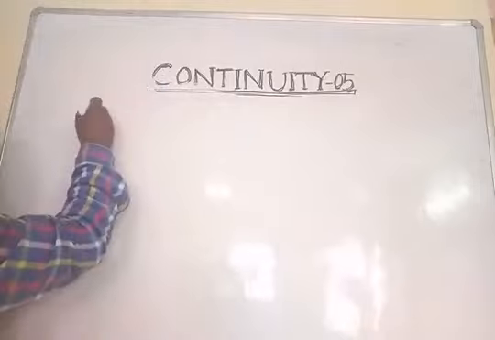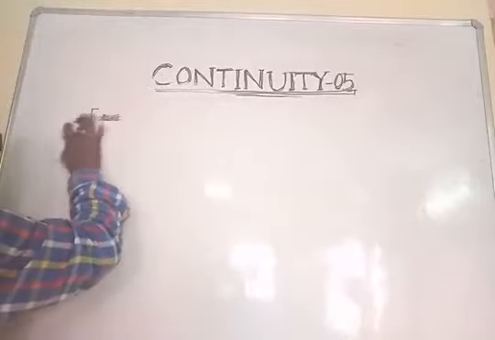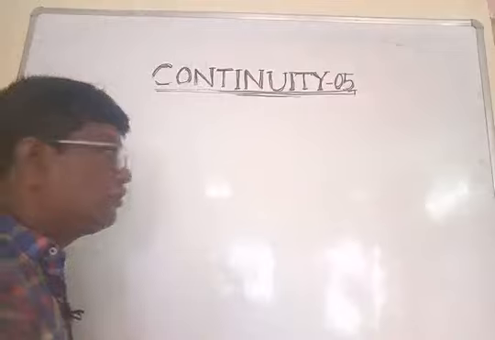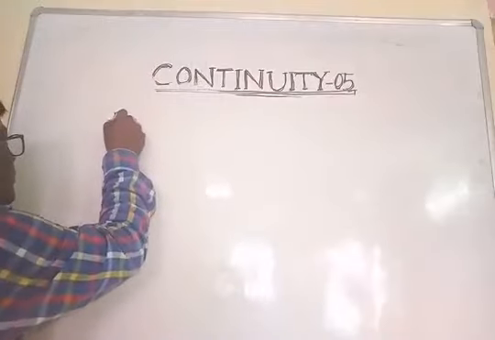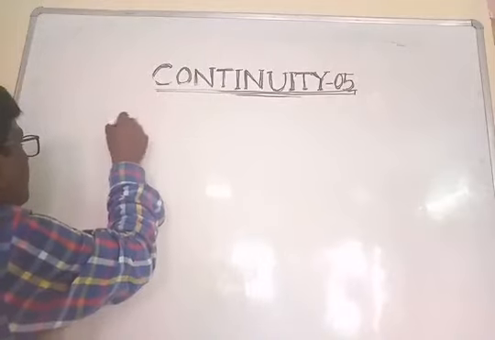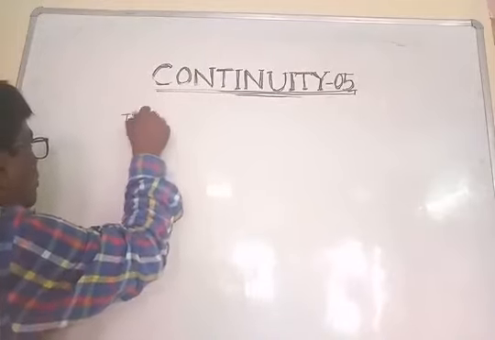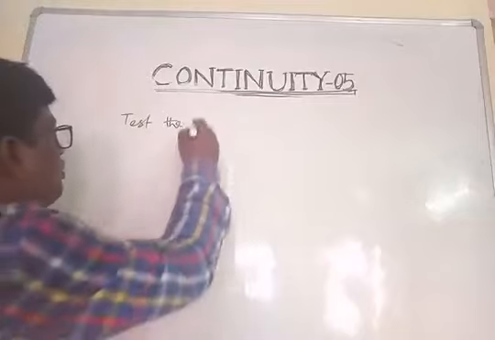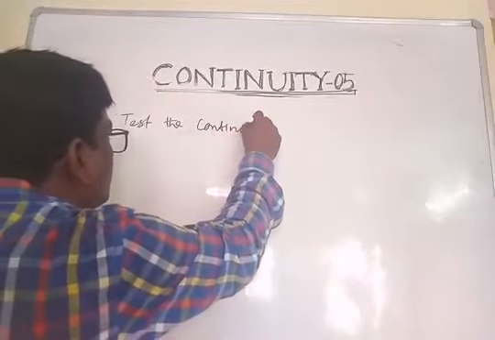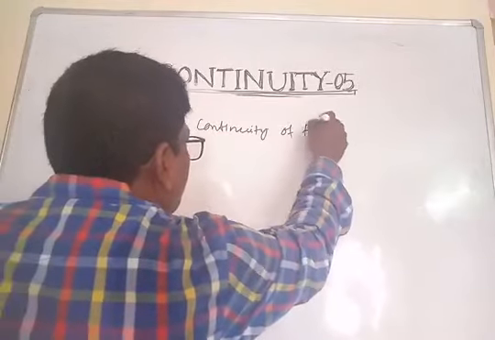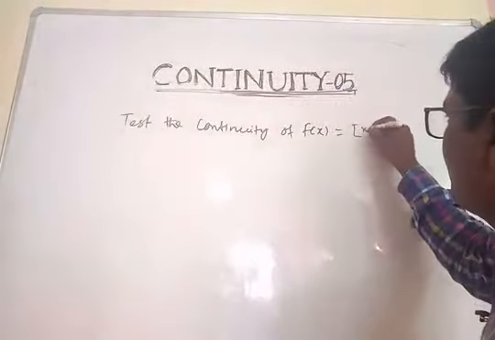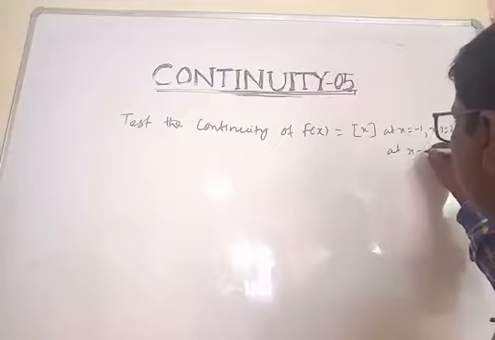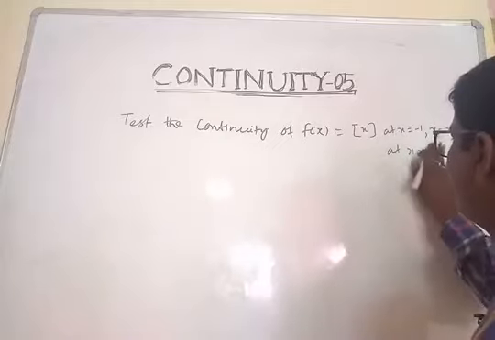Examine the continuity, or test the continuity, of f of x is equal to bracketed x at x is equal to minus 1, x is equal to 2, at x is equal to 1 by 2.